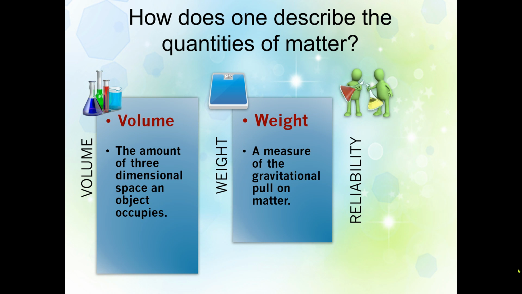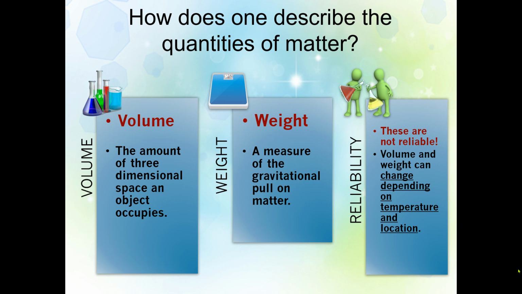Well, here's the problem. When we start thinking about how to measure the quantities of matter, we have to look at reliability. Well, volume and weight can change depending on temperature and location. So if we were to, say, take a liquid and freeze it, what happens to liquid when we freeze it? It expands. So the volume would expand.